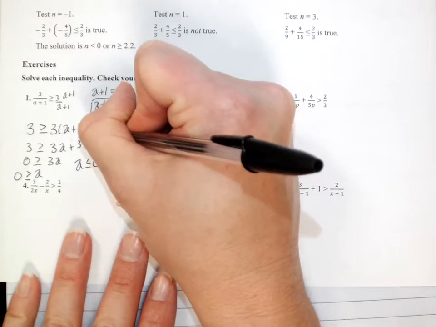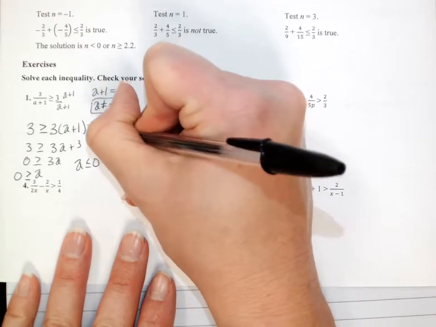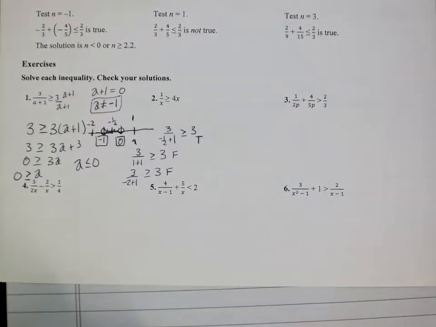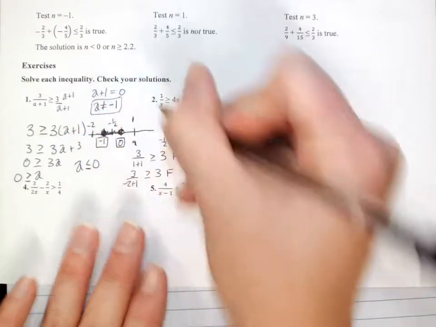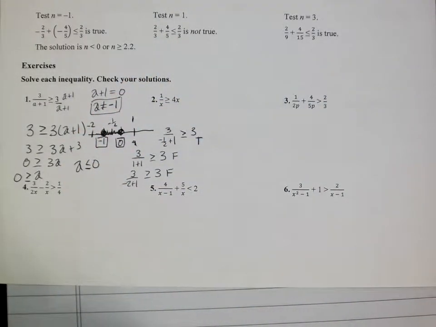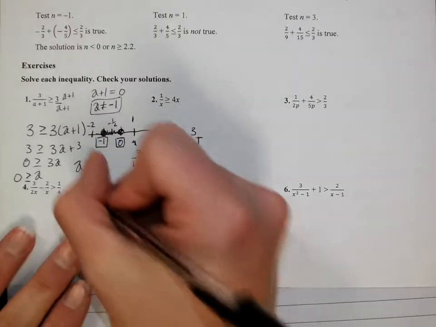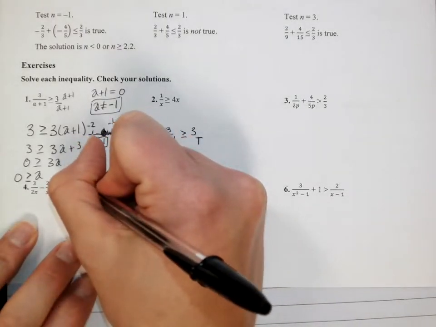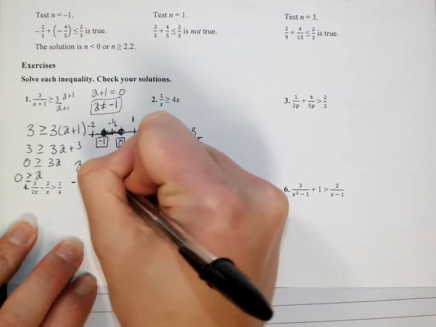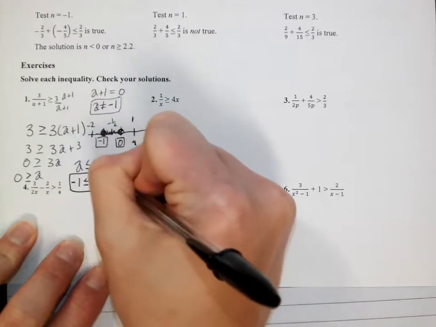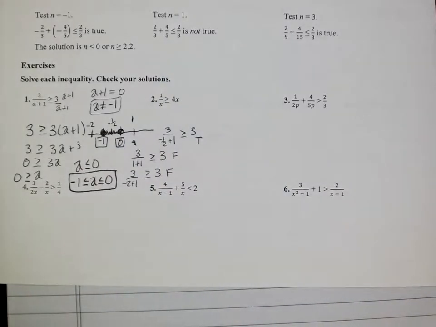So my solution is going to be the area in between those 2 points. And because this had an equal sign on it, I am going to bubble those in. That tells me that my actual solution is that negative 1 is less than or equal to a, which is less than or equal to 0. Okay, I think you see how quite annoying that is.